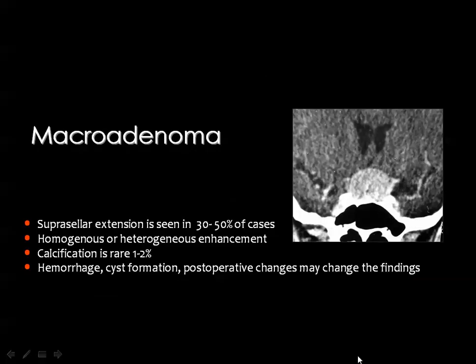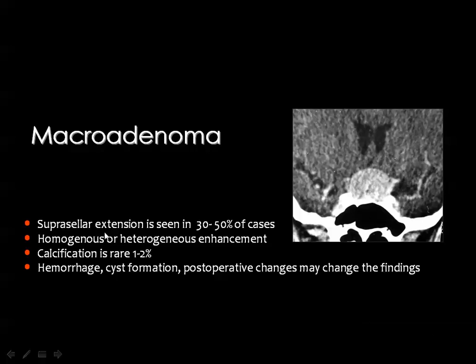And then we come to the macroadenoma, which is a large lesion more than 1 centimeter in diameter, occupying the pituitary fossa, and many times it extends into the suprasellar area, affecting the suprasellar structures.